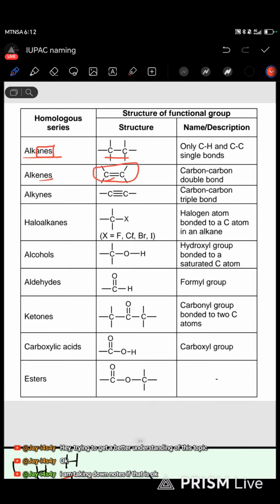When you're naming an alkene, the name must end with ene. Alkynes have triple bonds and their name must end with yne. I'm going to start with those three for now, just so that we can collect some wins and make sure that we are understanding. Okay.